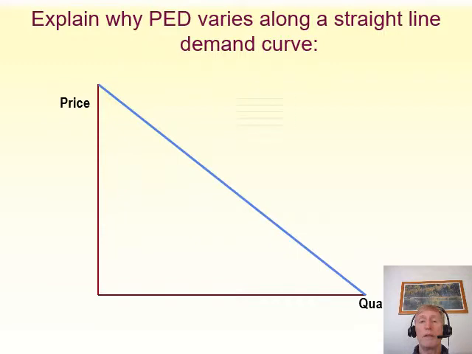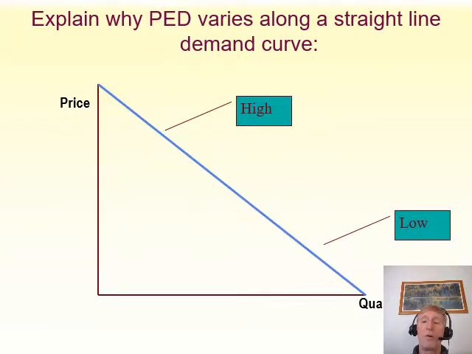So while we could say that a flat curve tends to be price elastic, any straight line demand curve at the high end is going to be high PED, and that's because you're going to have relatively small percentage changes in price there, and with the small amount of quantity, that means really a higher percentage change occurring. The low end of the scale of the curve, which is easy to remember, will be low PED, and of course right in the middle is going to be unit elasticity.